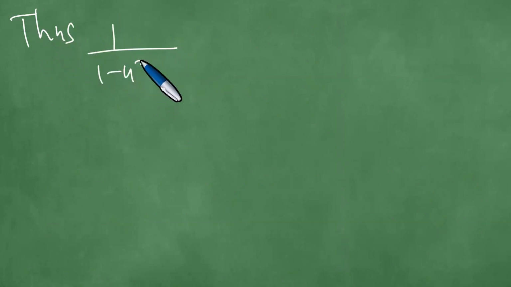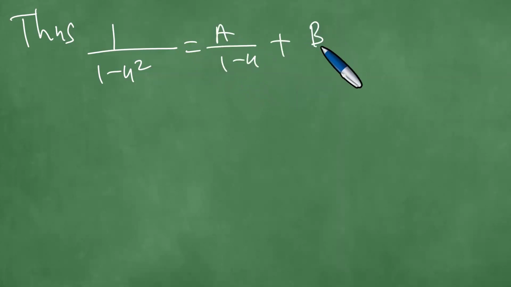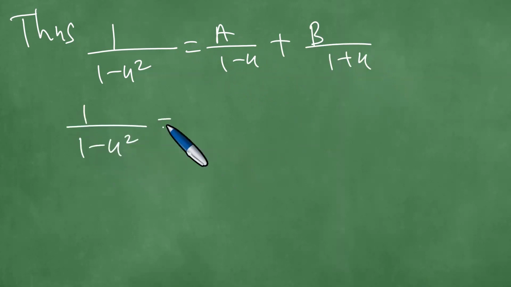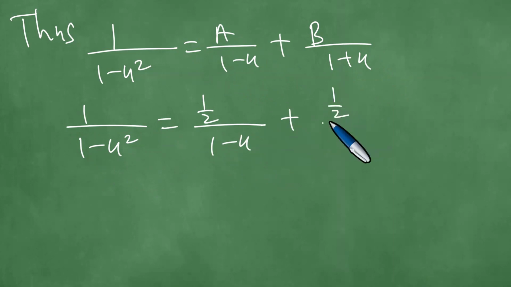And this means, thus, if you have 1 over 1 minus u squared, we have A over 1 minus u plus B divided by 1 plus u. We have already seen that A is 1/2 and that B is 1/2.